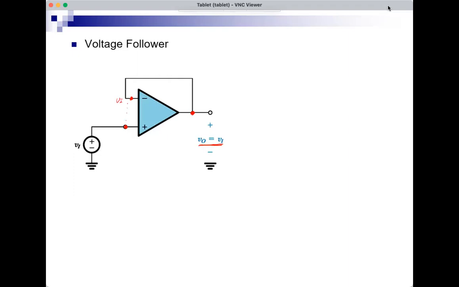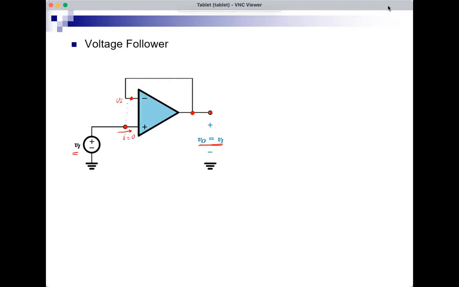And the reason why we would need a circuit like this is when I have a voltage source and I don't want to load it, I don't want to take any current from it, I can connect it to a voltage follower. The op-amp would not take any current from the source and would produce a voltage here that is exactly equal to the voltage here.